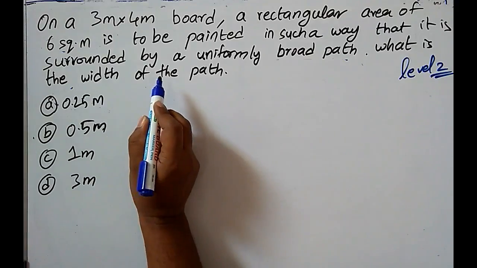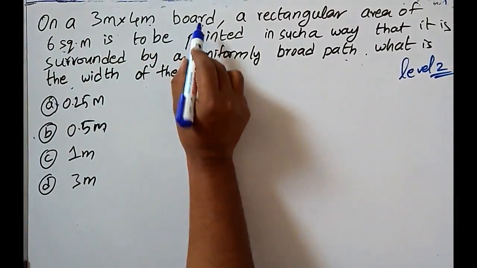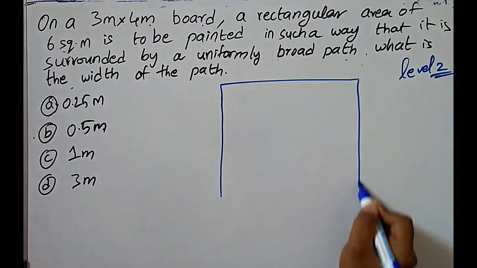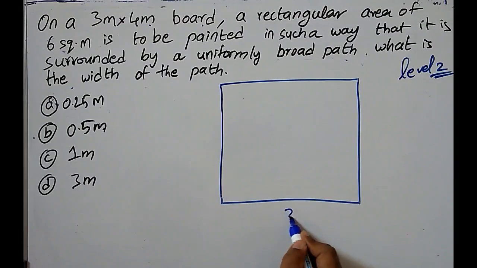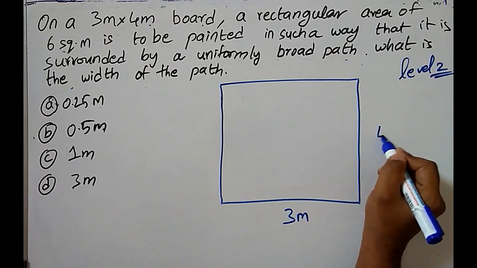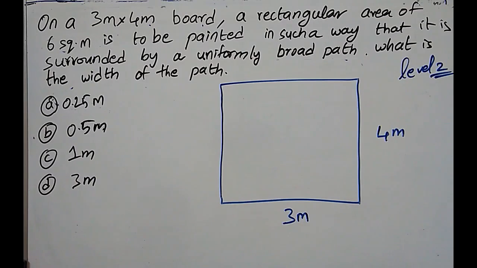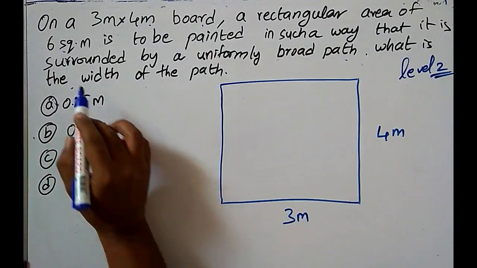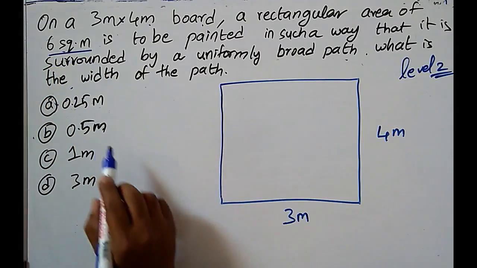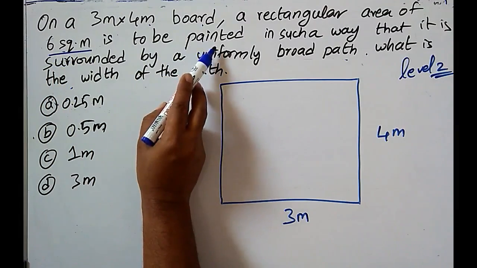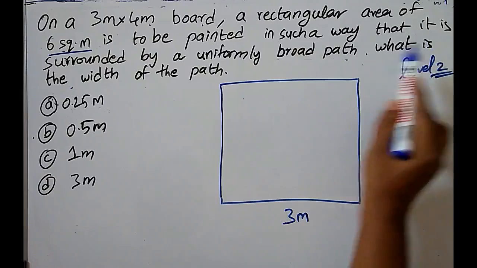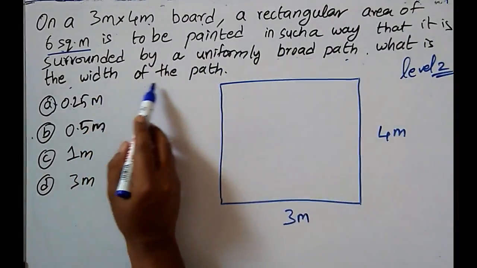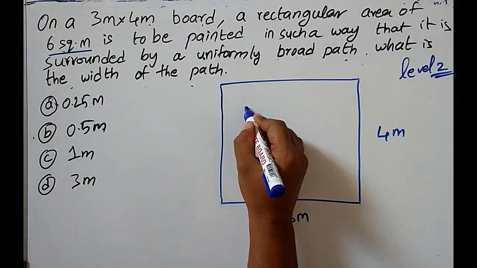There is a board of 3 meter by 4 meter. On this board, a rectangular area of 6 square meters is to be painted in such a way that it is surrounded by a uniformly broad path. What is the width of the path?